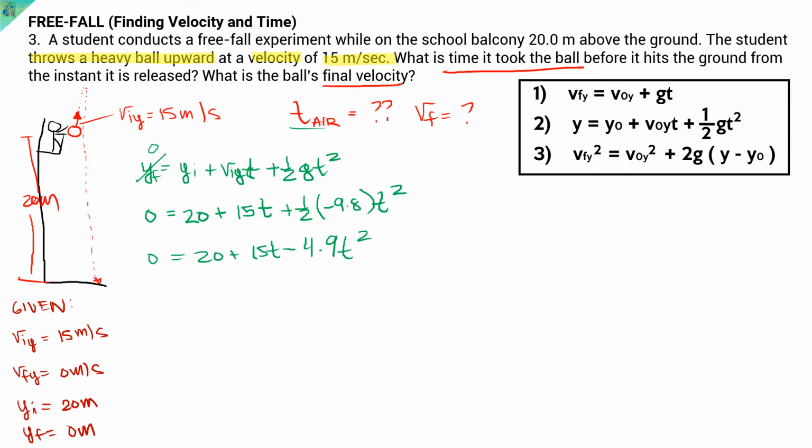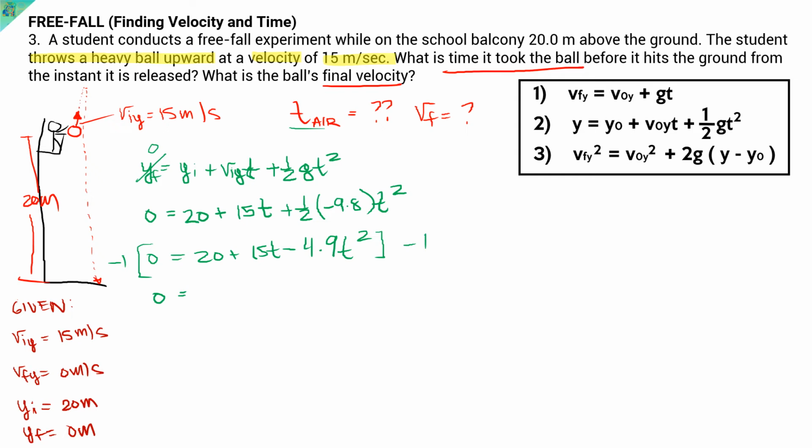And if you're going to observe this one, this is actually a quadratic equation, right? To solve this quadratic equation, we are going to use the quadratic formula later. If you can't recall the quadratic formula, we're going to write it down. But let me just rearrange this one. I want this to be a positive value. So for me to do that, I'm going to multiply both sides by -1. So this would still be 0.